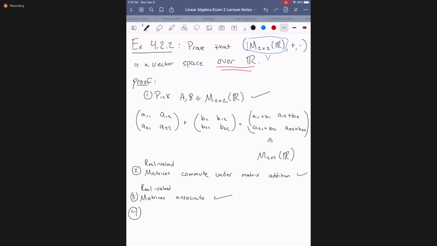So 4, yes. For 4, pick this 2 by 2 zero matrix.